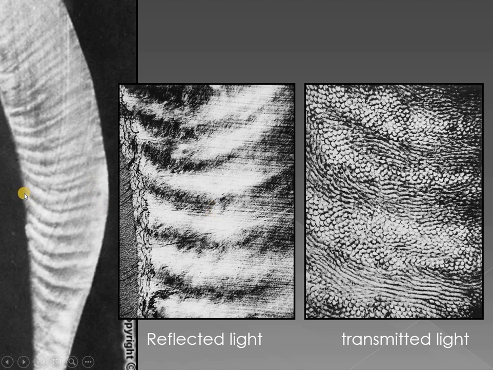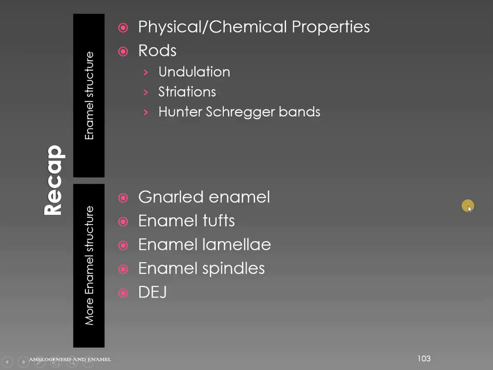This does not extend from the dentinoenamel junction to the surface, but generally is seen in 4/5 of the thickness of the enamel. When you see it under a transmitted light, you see the same image of alternating cross and longitudinal sections. So till now we have spoken about the physical and the chemical properties of enamel, the enamel rods, the shape, the undulations, the striations, and the Hunter-Schreger bands.